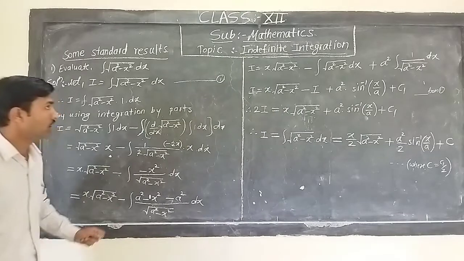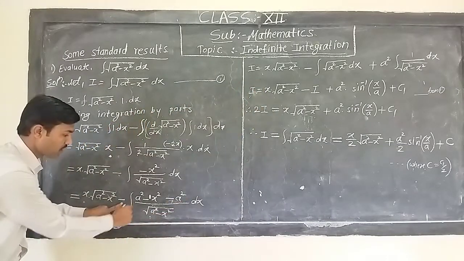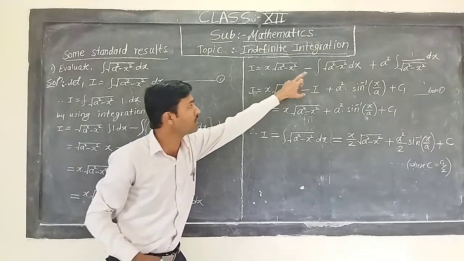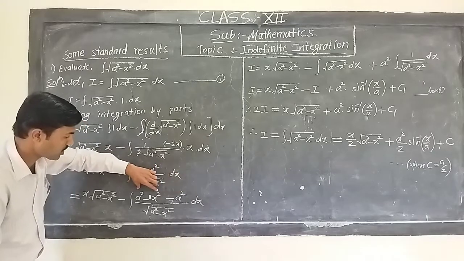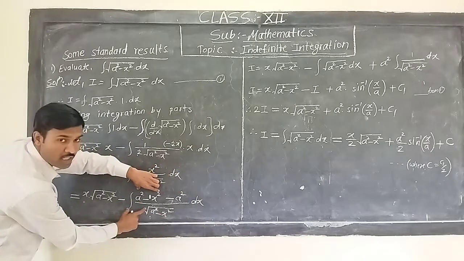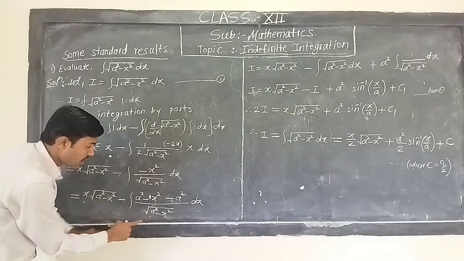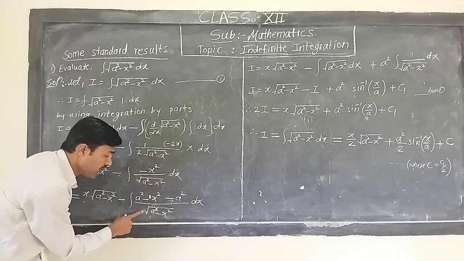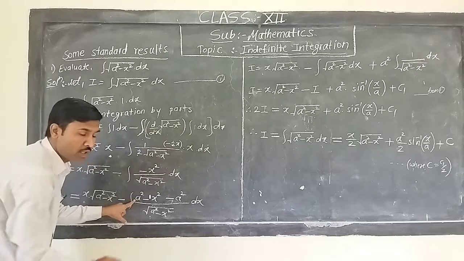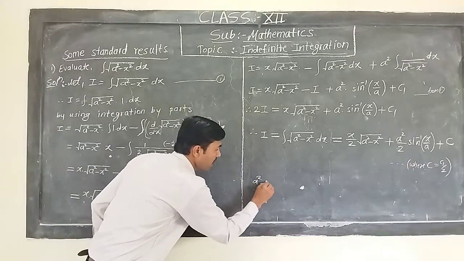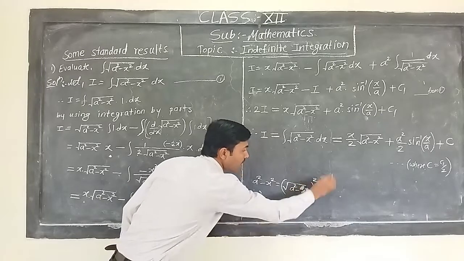This term remains as it is, minus the integration of the first term, a square minus x square upon the denominator. The denominator term is under a square root, and the numerator term does not have any square root, so we can write a square minus x square as under root of a square minus x square, whole squared.